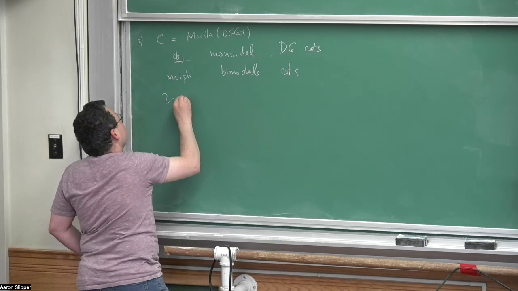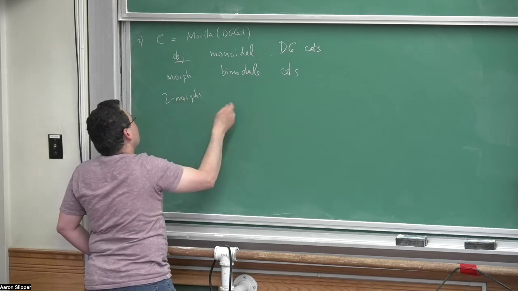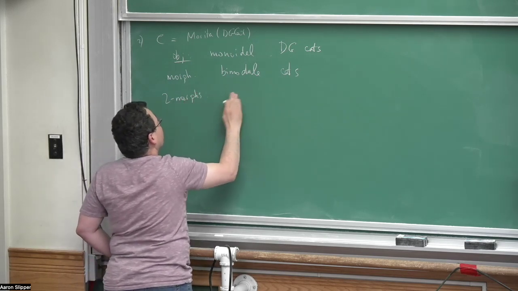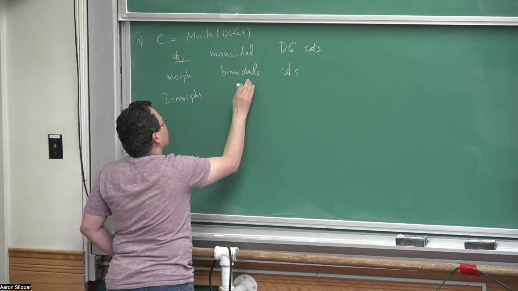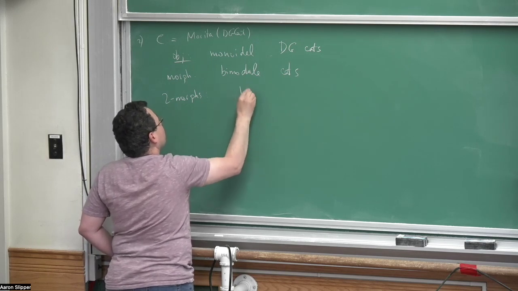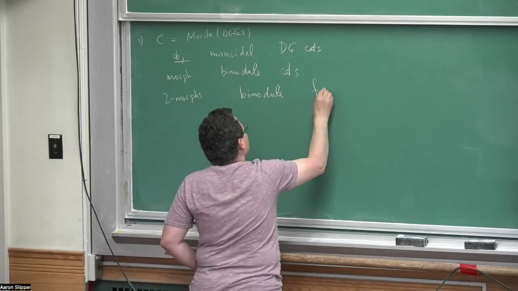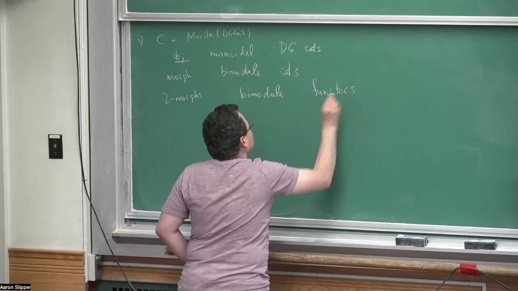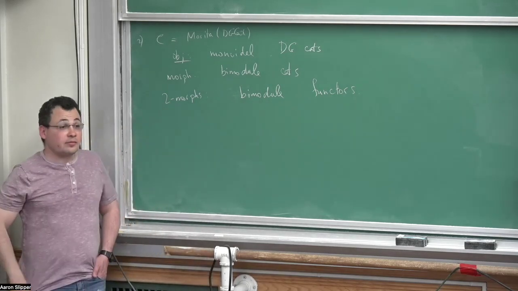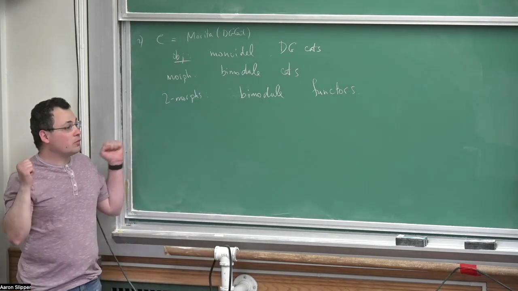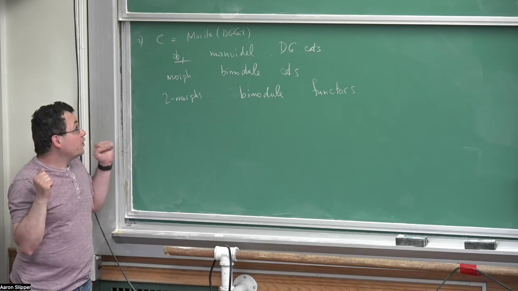Two morphisms are just maps of functors of bimodule categories. Clear?